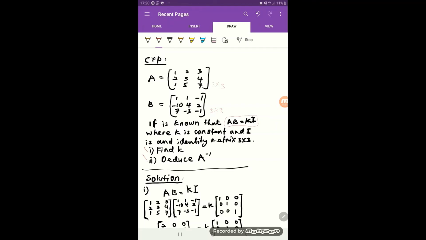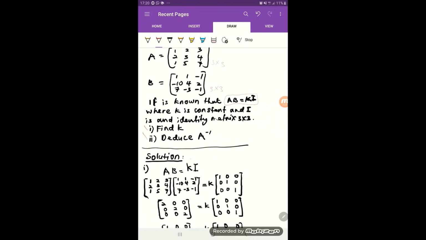For the first question, we start from the equations of matrix given. AB is equal KI. Substitute matrix A and substitute matrix B and substitute identity matrix. After you multiply matrix A and matrix B, you will get the answer 2, 0, 0, 0, 2, 0 and 0, 0, 2.